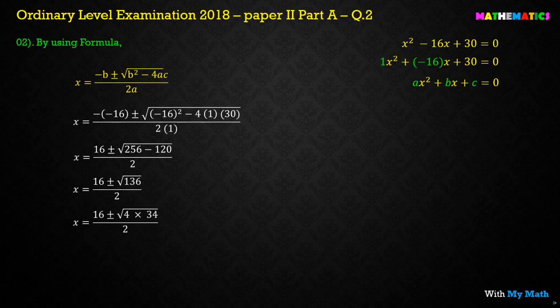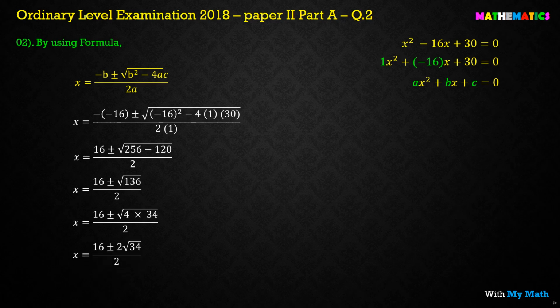So what about this? We can write 136 as 4 into 34. So I wrote it here like this, because the square root of 4 we already know is 2, and the square root of 34 they have given, so no problem.